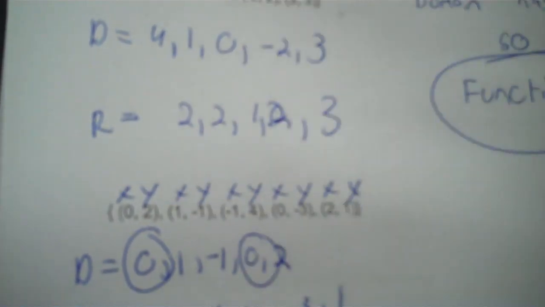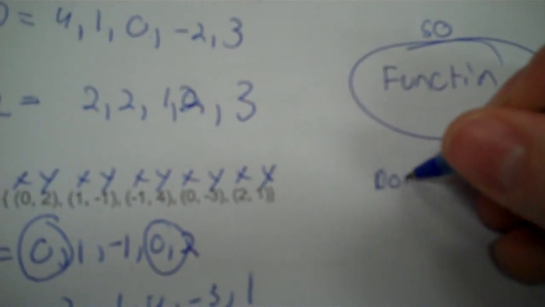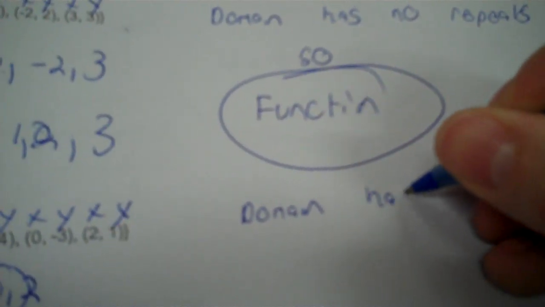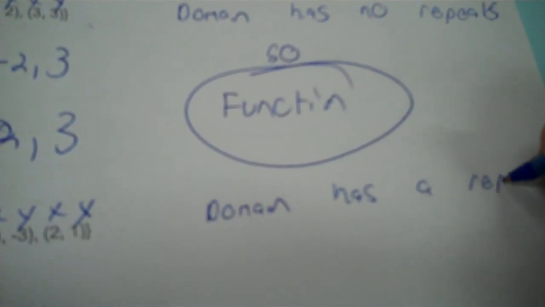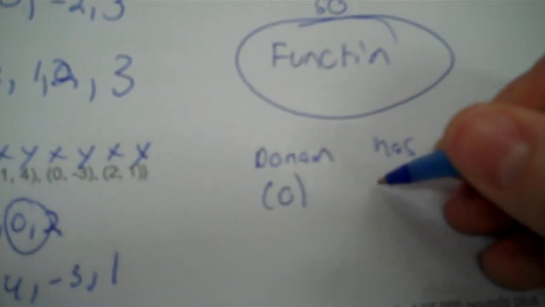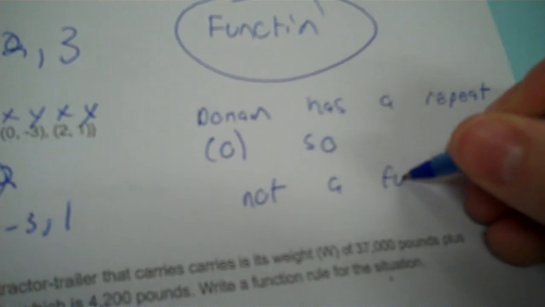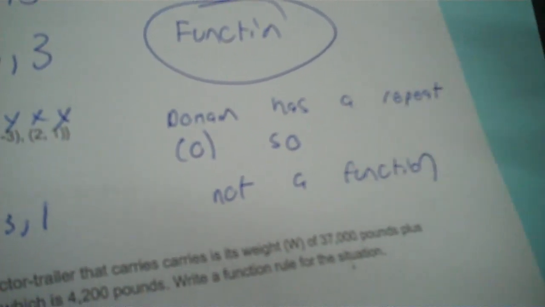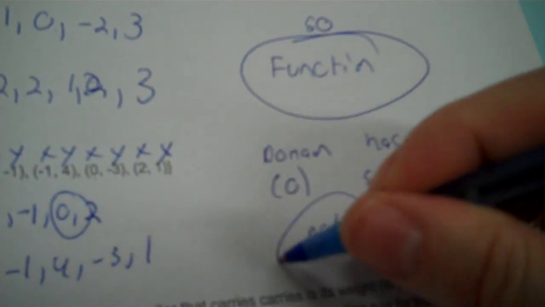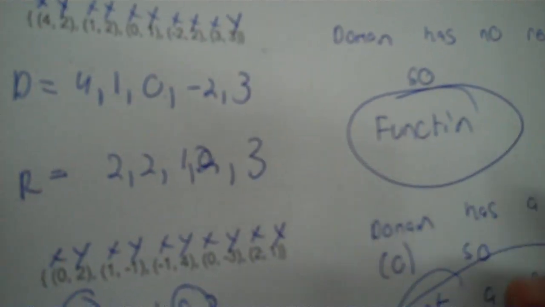You have a repeated number here, 0. So domain has a repeat, and that repeat is 0, so then it's not a function. Okay, that's the answer, not a function.